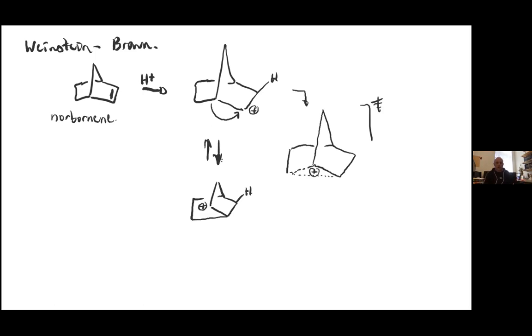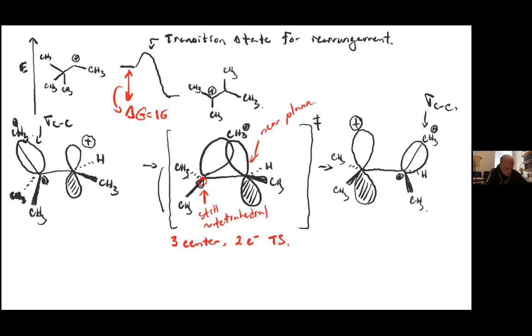Carbon's not the only thing that can migrate. Hydrogen can migrate. Professor, I have a question. When you're talking about the 3-centered 2-electron transition state, what are the 3 centers that correspond to that? Yeah, the 3 centers refer to the center bearing the positive charge, the atom that's migrating, in this case carbon, and the atom that's attached to the migrating atom.